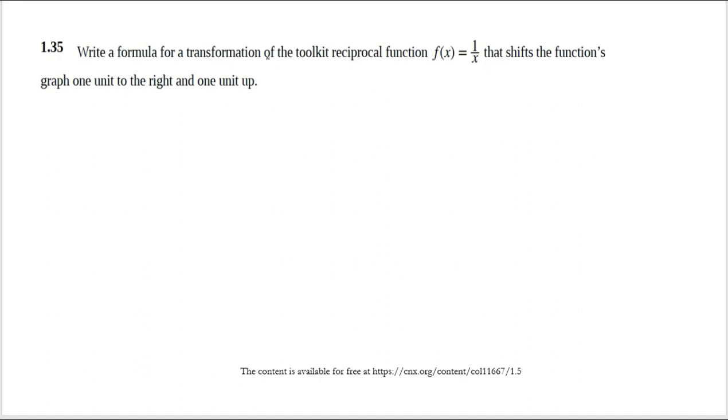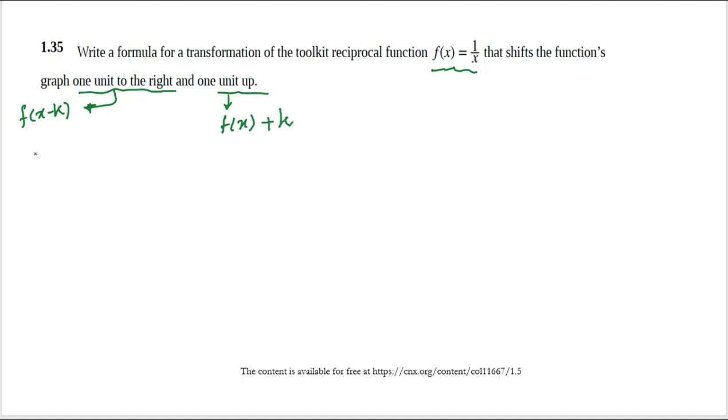Write a formula for the transformation of f of x equal to 1 over x that shifts the function 1 unit to our right and 1 unit up. So to our right is f of x minus k, and up is f of x plus k.